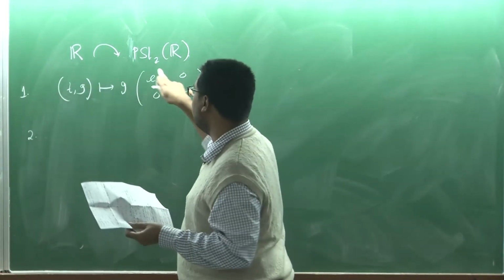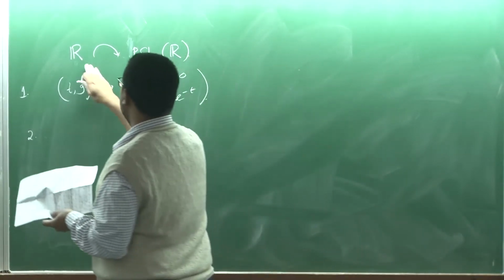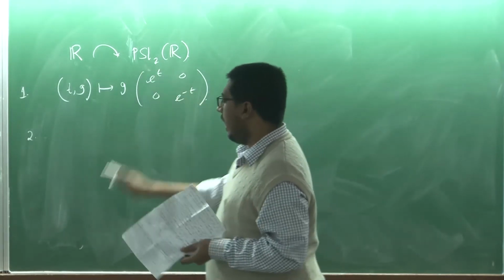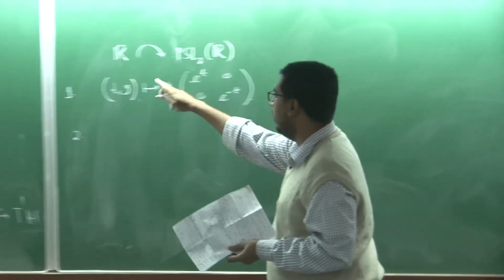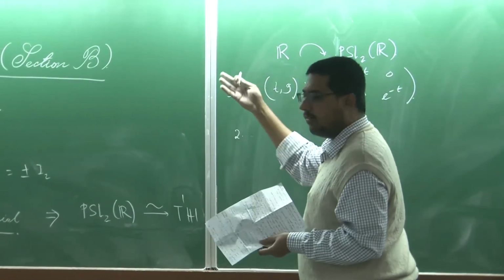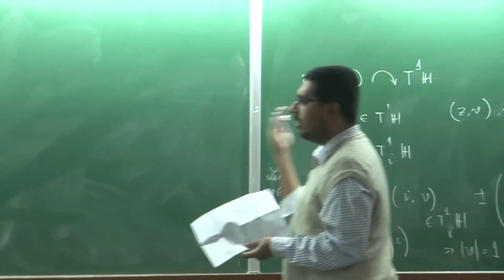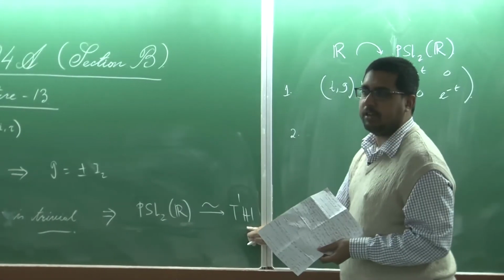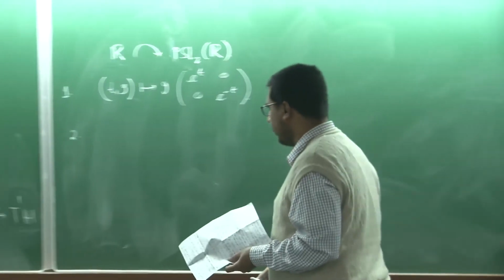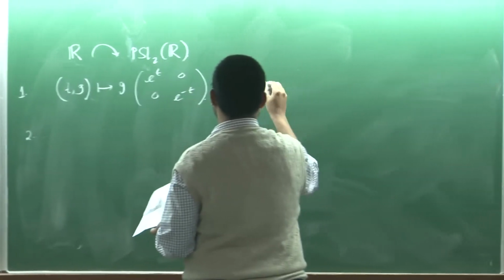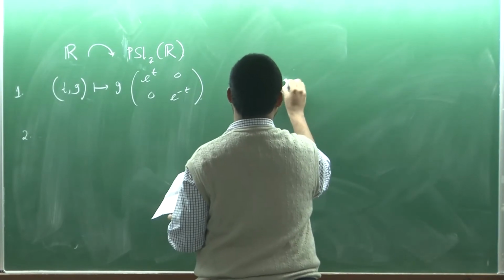Since R is abelian, multiplying from the right is not creating any problem at all. So, this is an action of R on PSL2R itself, and by means of that identification, this action can be visualized geometrically inside this geometric object T1H. Actions of R are called flows, and I am sure that later on you will do some geometry course. That is called the geodesic flow on the unit tangent bundle of the upper half plane.